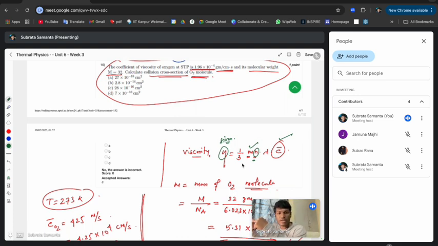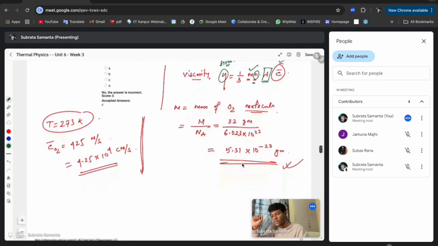If you know the diameter of the molecules, then it's easy to calculate the collision cross section. Which quantity depends on the diameter? Lambda, right? The mean free path depends on the diameter of the molecules. So first I have to calculate n, then I go to the lambda part.